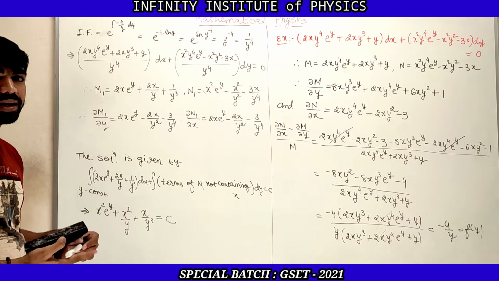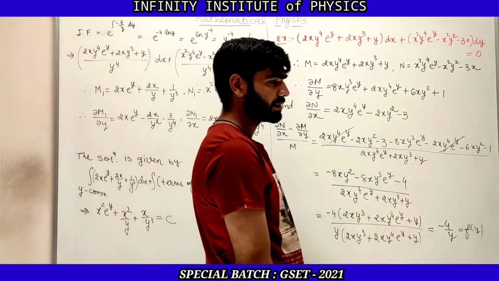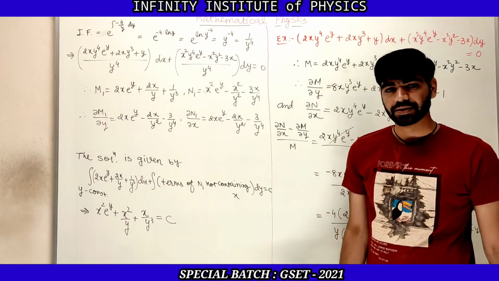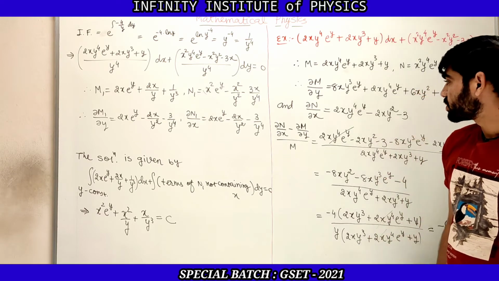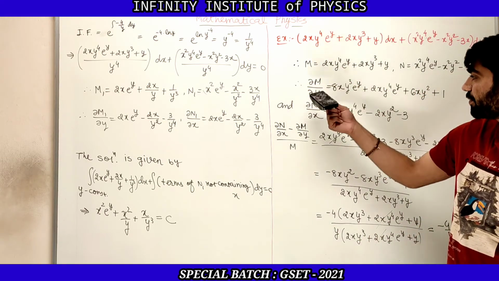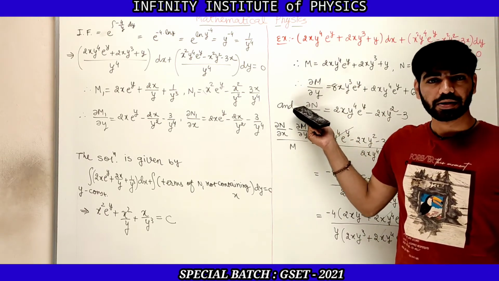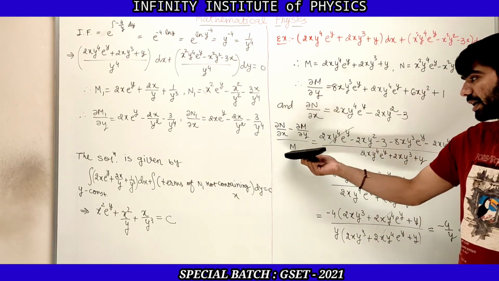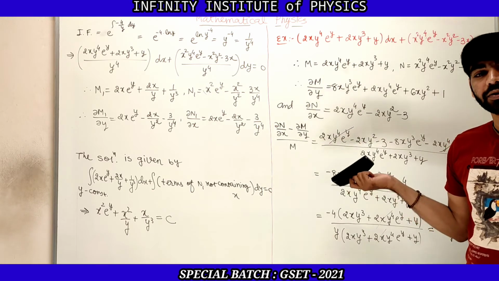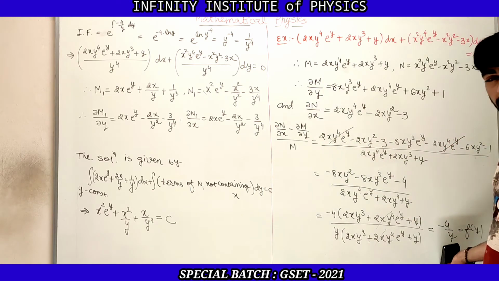So this is how we can calculate the examples related to that second case of non-exact differential equation. The given differential equation is non-exact, so we have checked (del n by del x minus del m by del y) upon m, whether it is a function of only y or not.